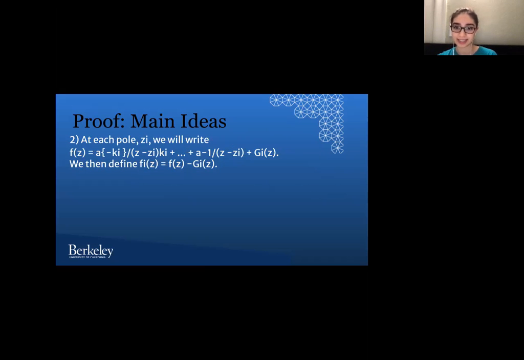The second important point is that at each pole, z_i, we write f of z as a_{-k_i} over (z minus z_i) to the power of k_i, and the sum all the way to a_{-1} over (z minus z_i) plus g_i of z. We then define f_i of z to be f of z minus this g_i.